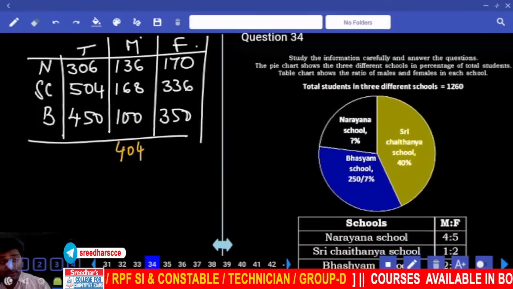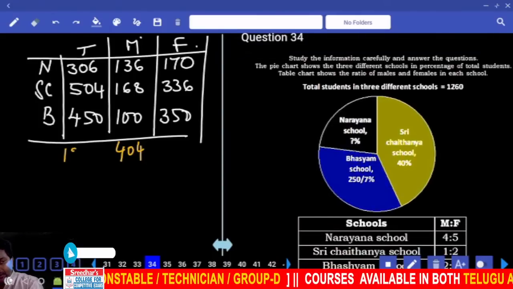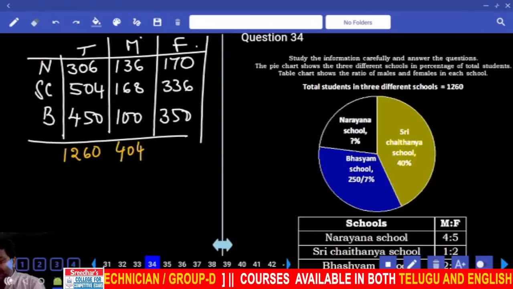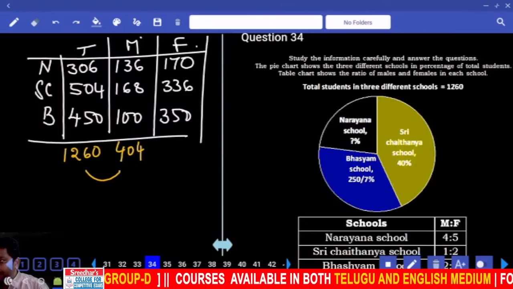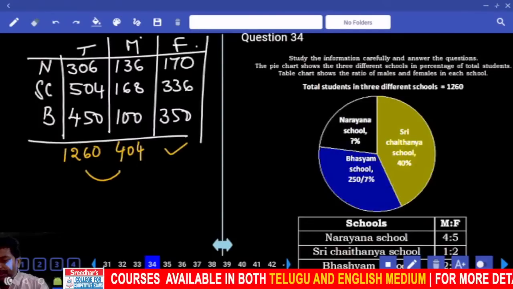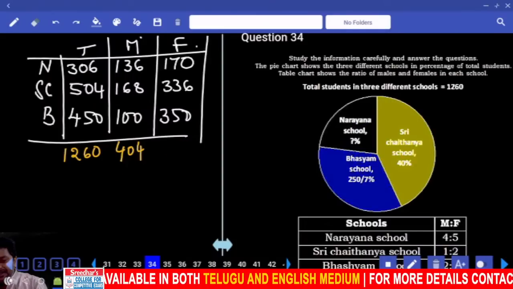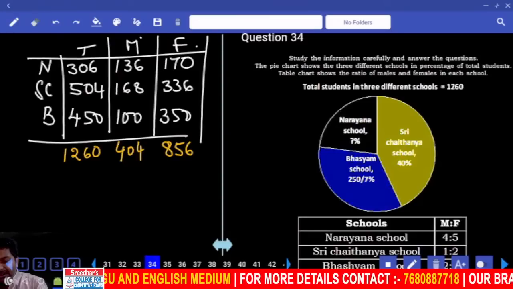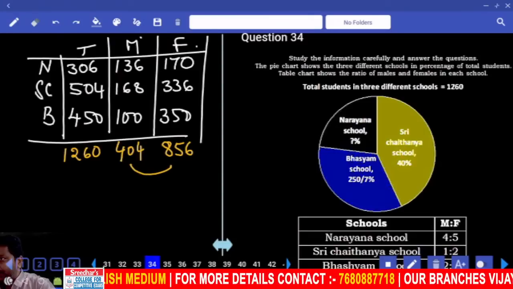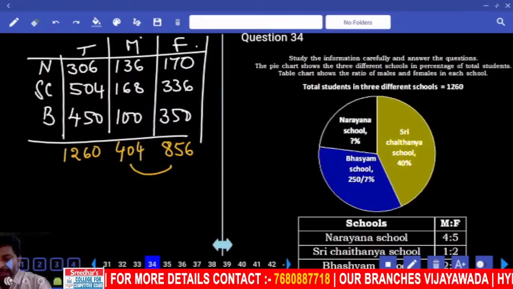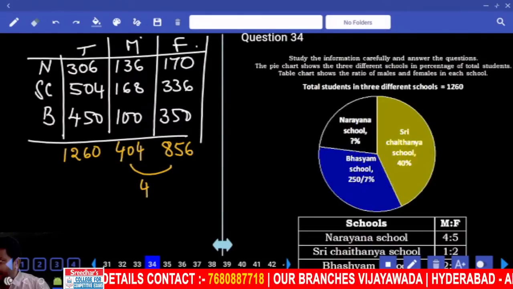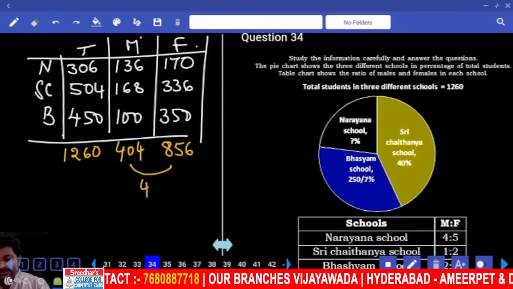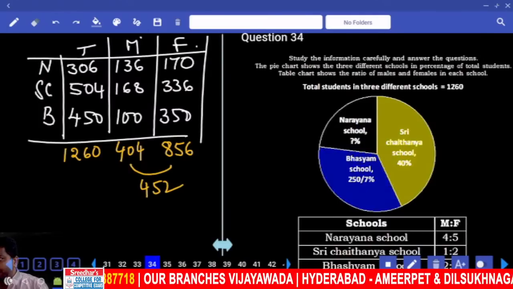Now you already know the total number of people, which is equal to 1260. Difference between both will give you female. You will get the female count, correct? How much is that? 856. Now the question is to identify the difference between total male and total female. 800 400 difference 400. 56 minus 4 52.